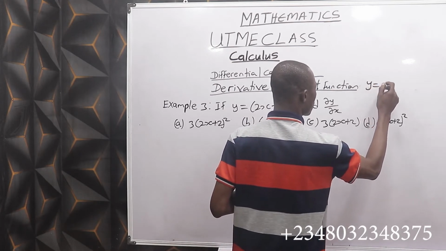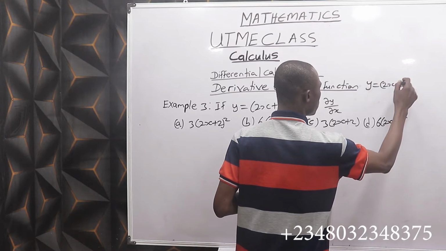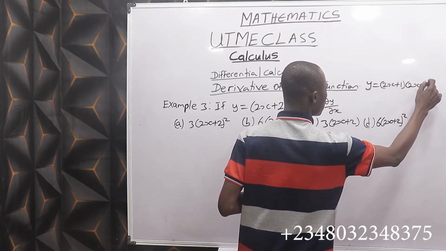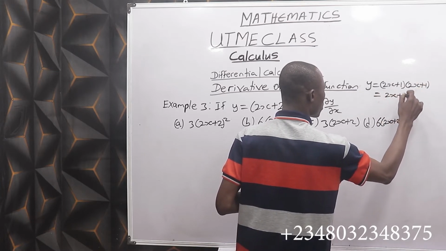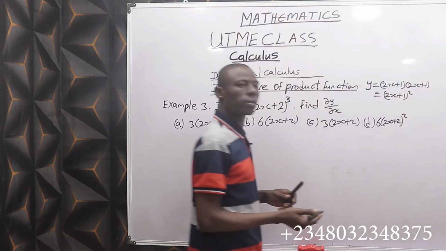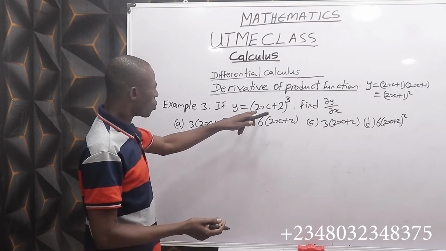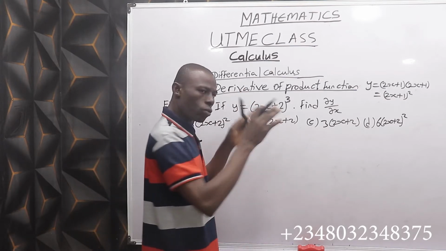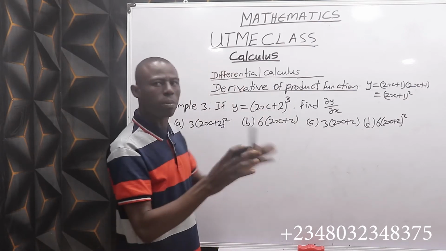If y equals 2x plus 1 times 2x plus 1, it could be written as 2x plus 1 all raised to the power 2. It's the same thing. So also this question, y equals 2x plus 2 in brackets into another 2x plus 2 in brackets into another 2x plus 2 in brackets.